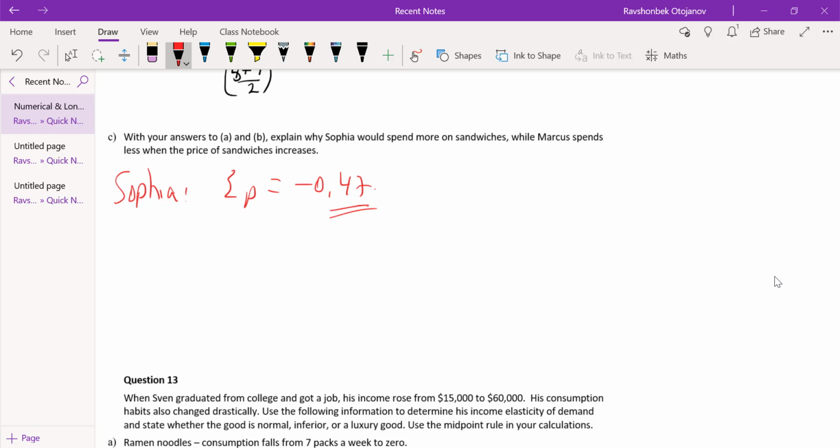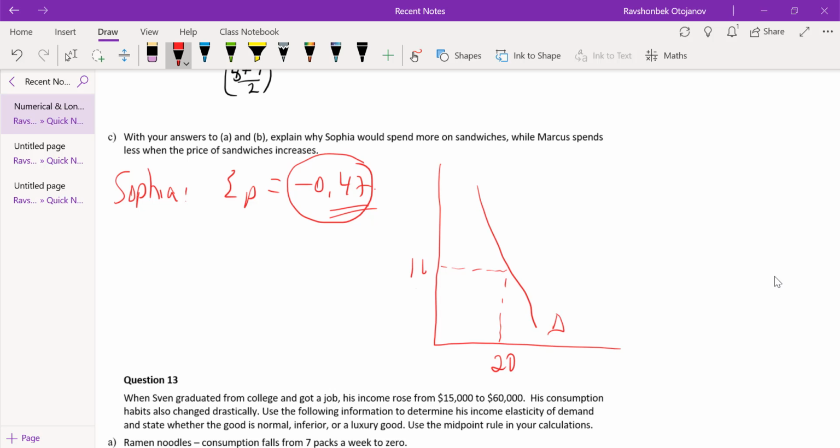In this case, when the price elasticity is lower than 1, the percentage increase in price will be greater than the percentage decline in quantity. So let me show you what I mean. This is an inelastic demand. Let's say this is the original point with 20 sandwiches at $4.